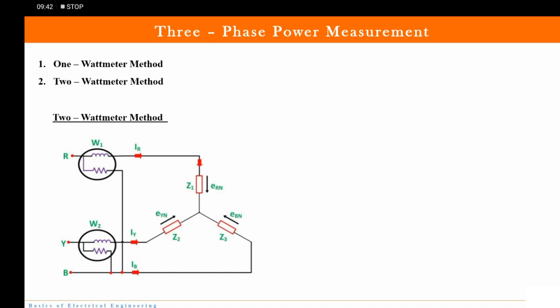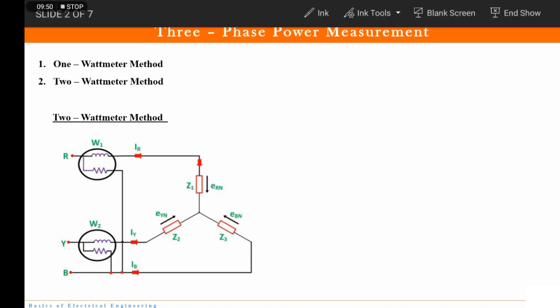Fine. Okay. Yes. So here we are assuming that the load is inductive, so that the current lags behind the voltage. Here this is the phase voltage, and this is the neutral point. Okay, so here you have R, Y and B. What is going to be the voltage between these two points?